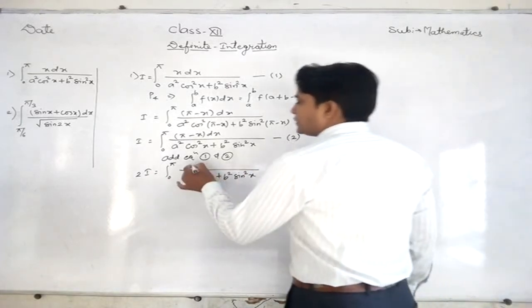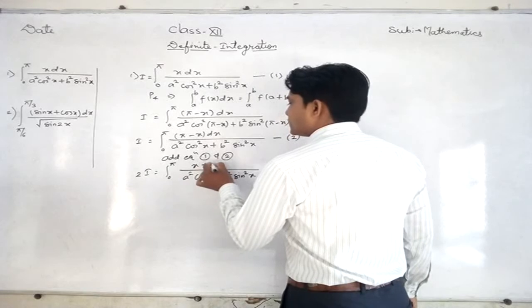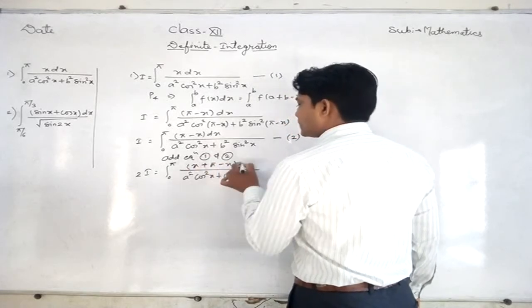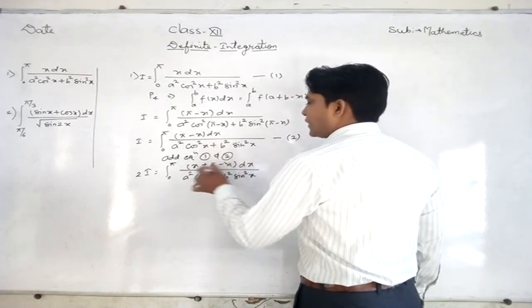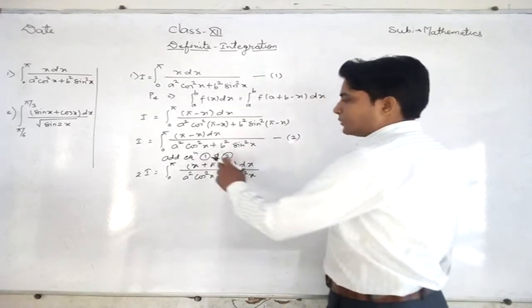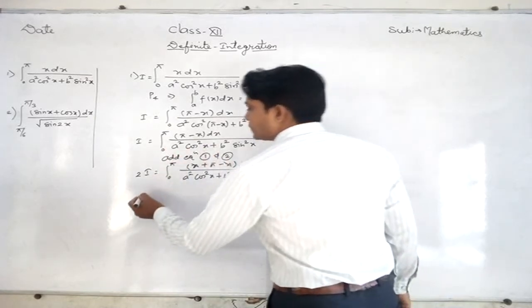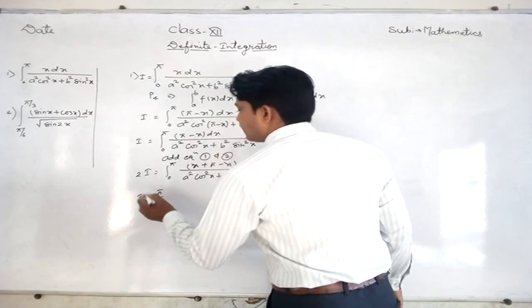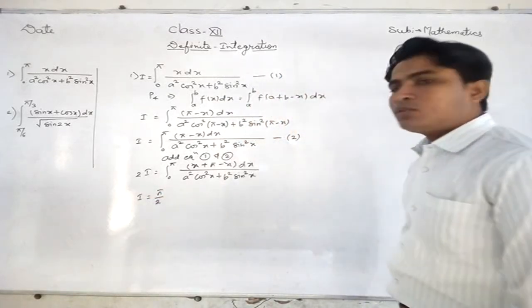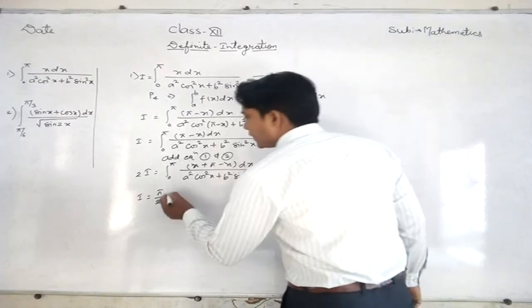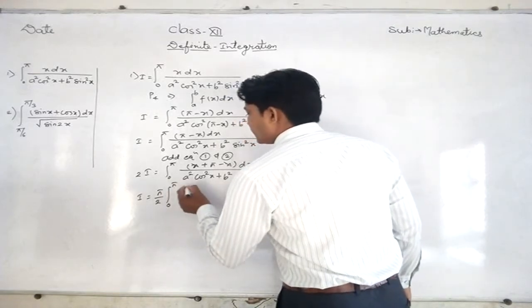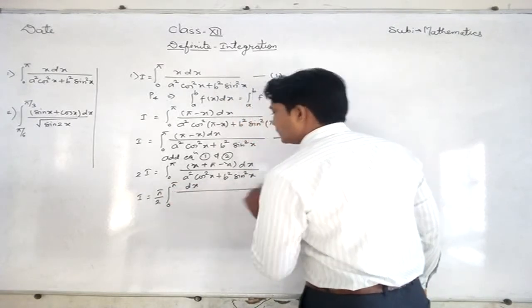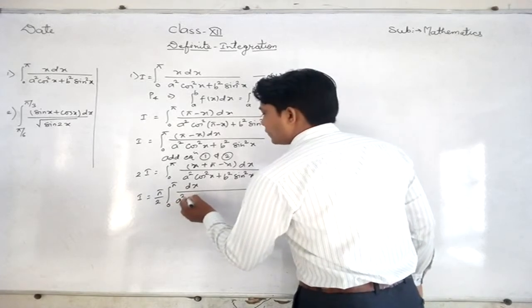Now x and minus x cancel, then pi is a constant, so it comes outside. So I equals pi upon 2, integral from 0 to pi of dx divided by a square cos square x plus b square sin square x. Okay students, is it clear?